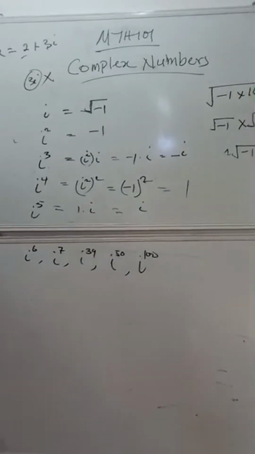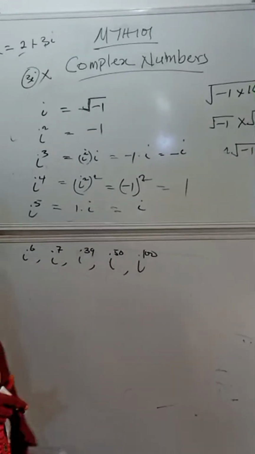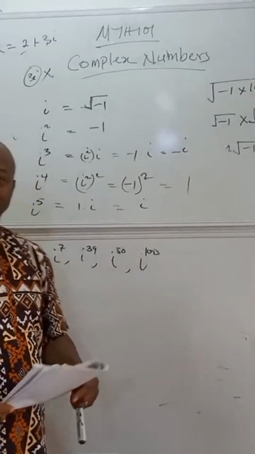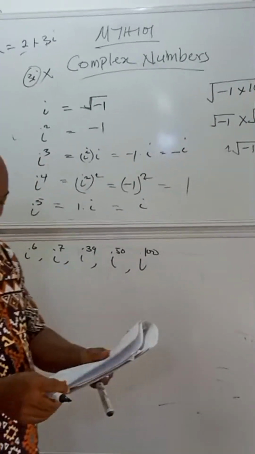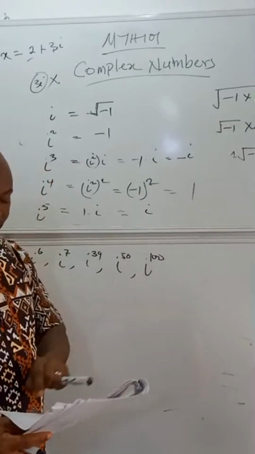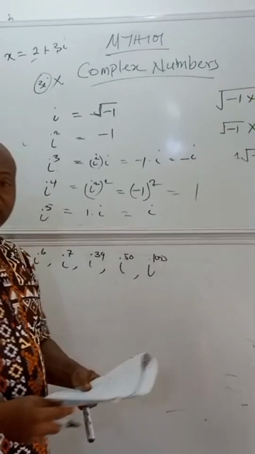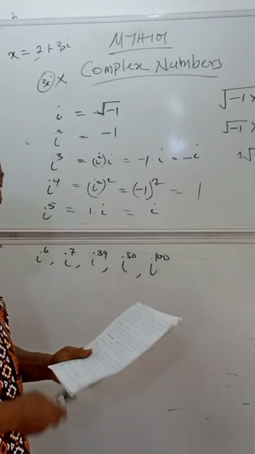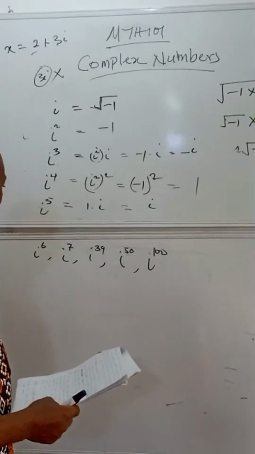I want you to solve this out and tell me the answers. Is there any question? If there is any question, kindly drop them in the comment section so that we can respond to them quickly.